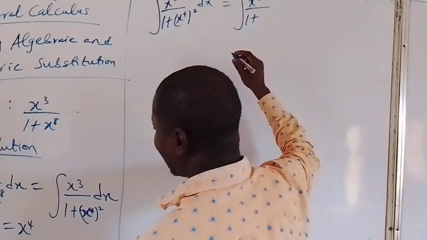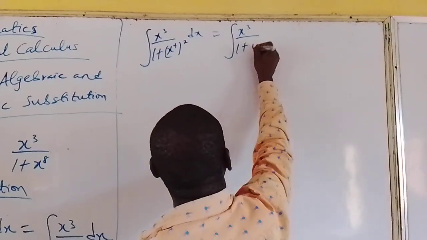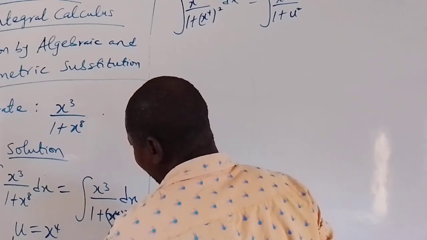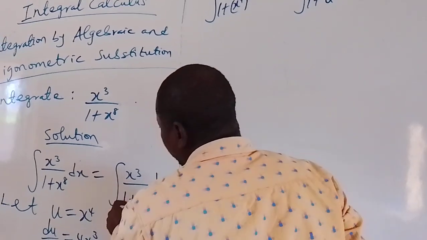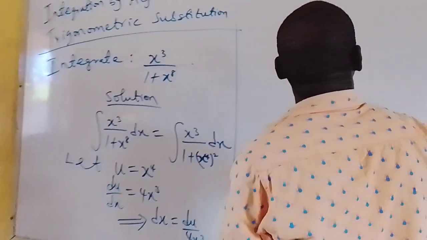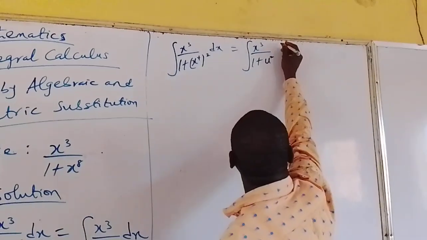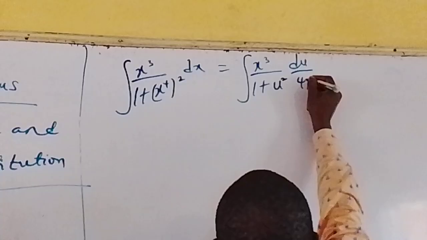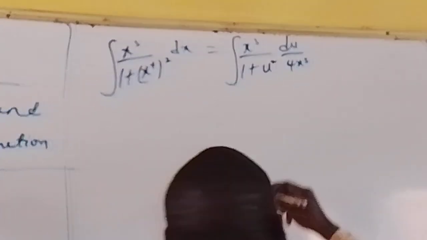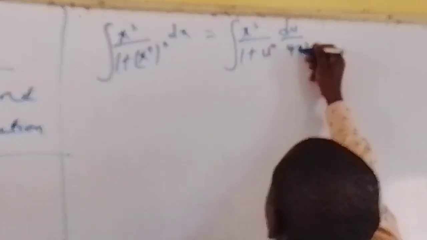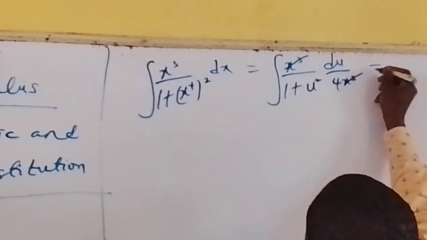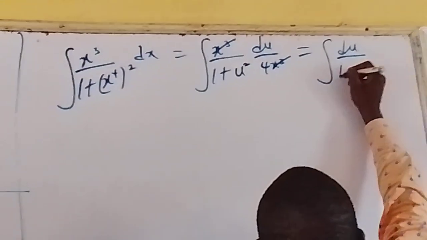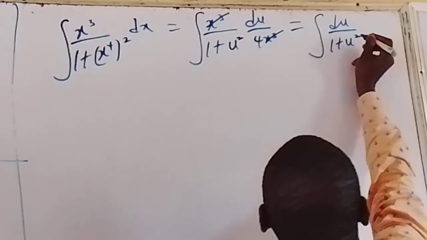Then my dx is now equal to du all over 4x cubed. So what is the next line of action? x cubed cancels out x cubed. So we are left with the integral of du all over 4 times 1 plus u squared.